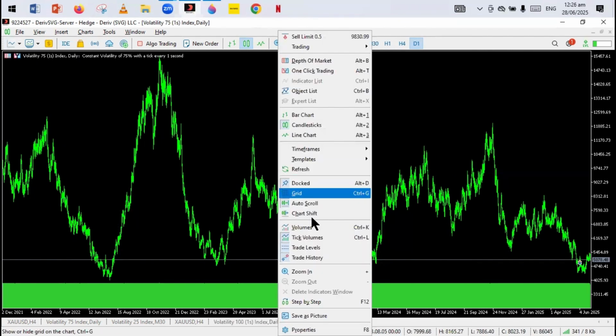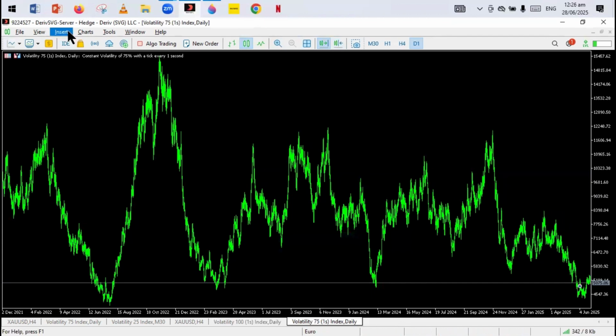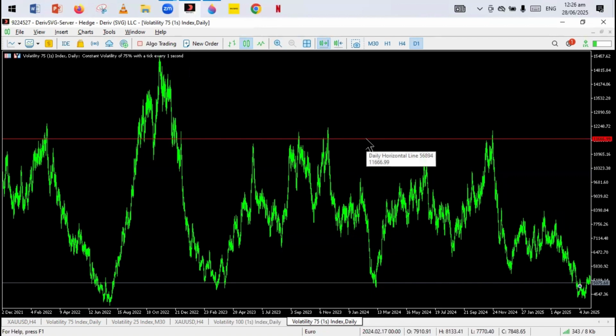So we have ourselves a ranging market. Ranging market. So for a ranging market, that is how it looks like. Price is ranging between two levels there, the resistance and the support.